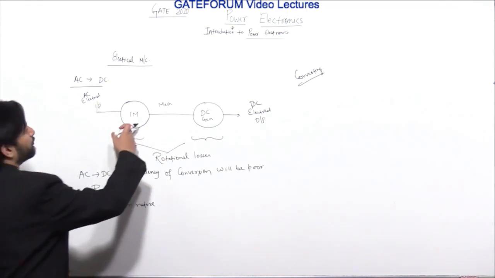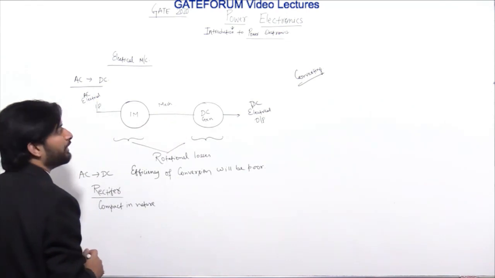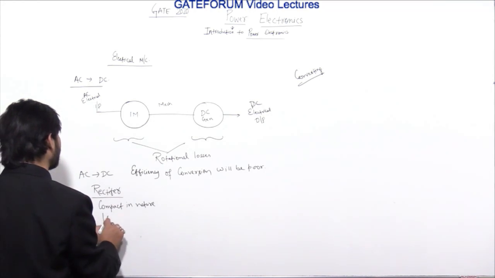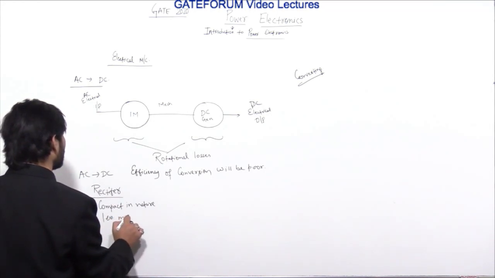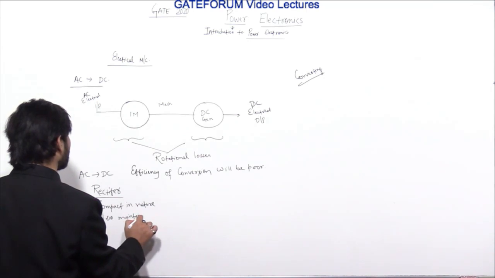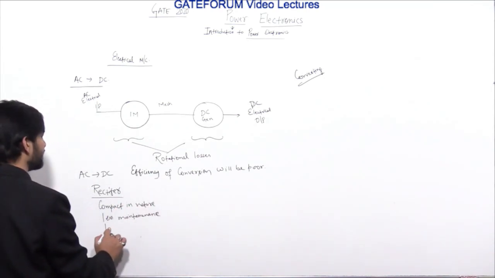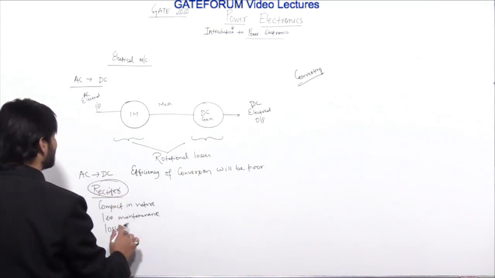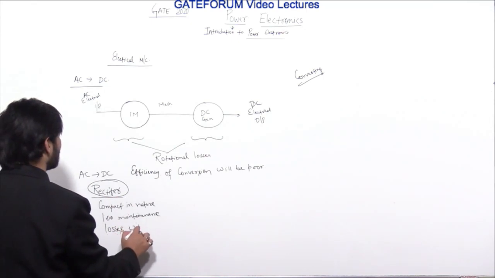Although these two machines require a huge space and huge maintenance as well, power electronic devices will be compact and would require less maintenance. And the last thing you have already seen is that the losses in the rectifier, that is a power electronic converter, will be lesser.